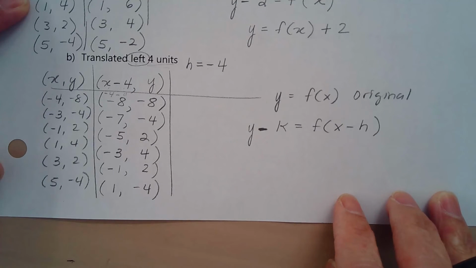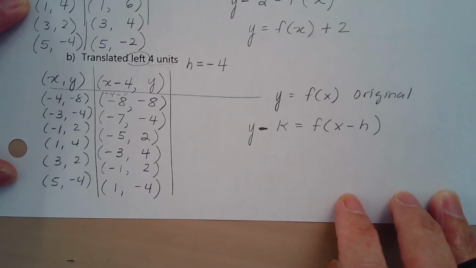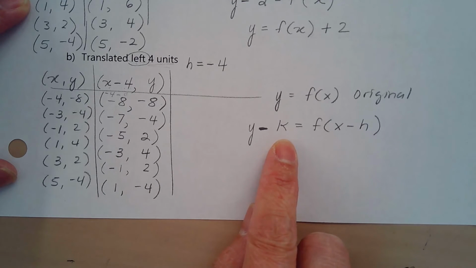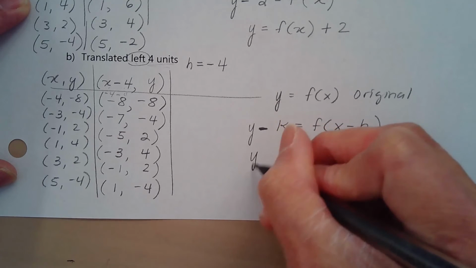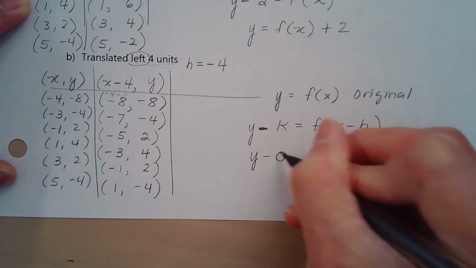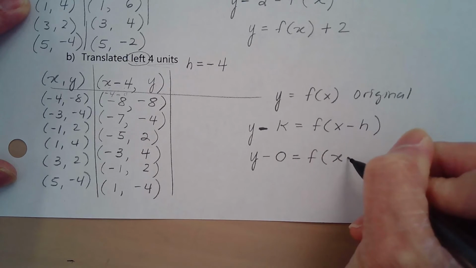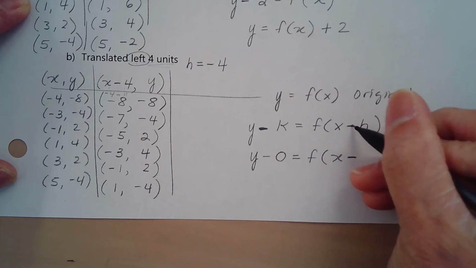That gives us the horizontal translation and the vertical translation. There's no vertical translation, so it becomes y minus 0 equals f of x. Remember, this is always minus.